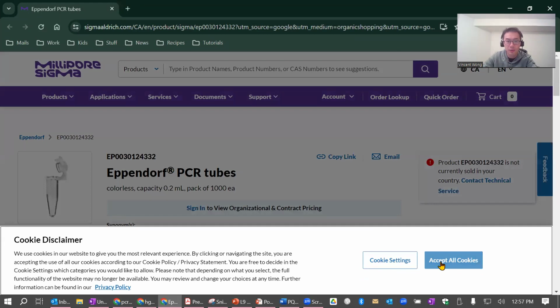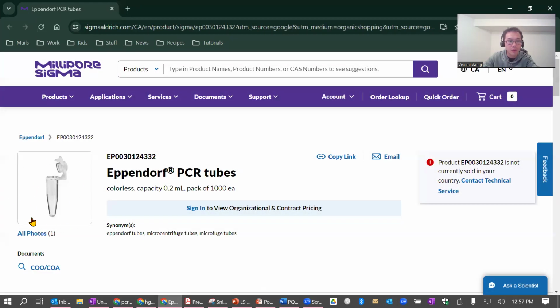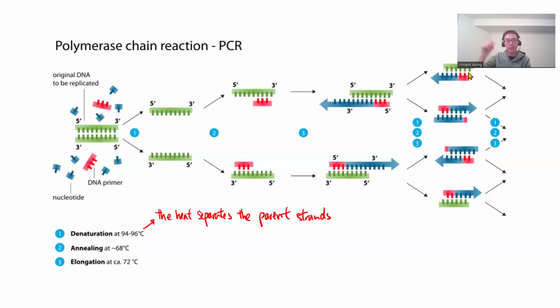It's really small, about this small. And then you would have your DNA sample in there, and all your ingredients: the Taq polymerase, the primers, and all that stuff. So you put it all in, and then you put it in the machine, and you program the machine so that it's going to heat it up. Once it heats it up, the strand separates.